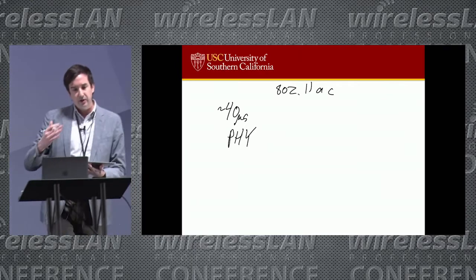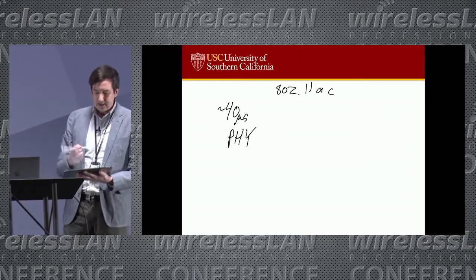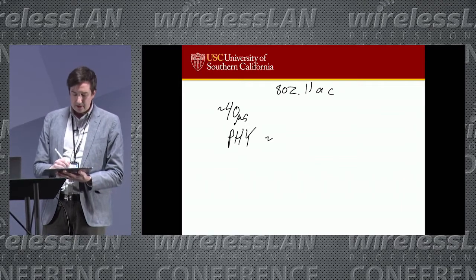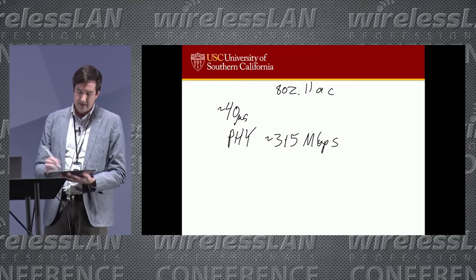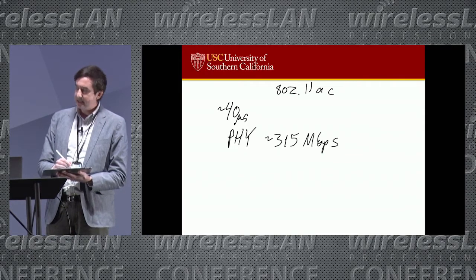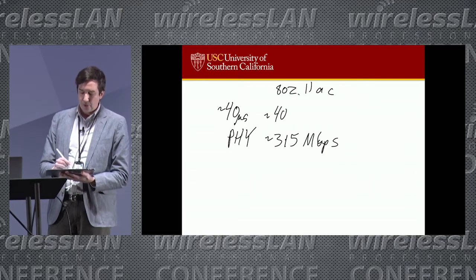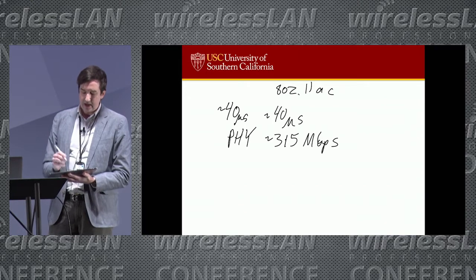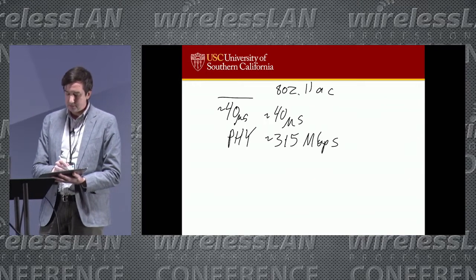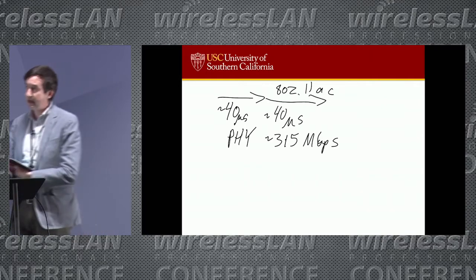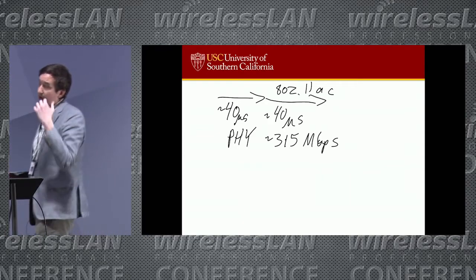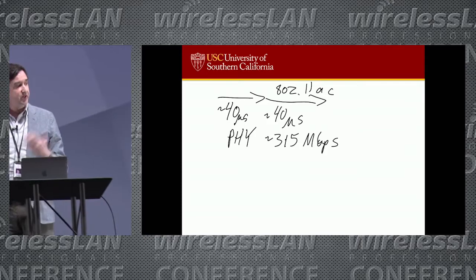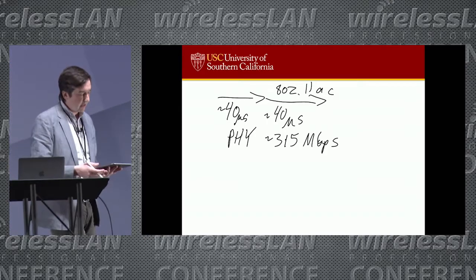Let's say you have about a 315 megabit per second frame, that's going to be somewhere on the order of another 40 microseconds going across the channel, using your channel. And so that's an 80 microsecond period where the channel is well utilized.